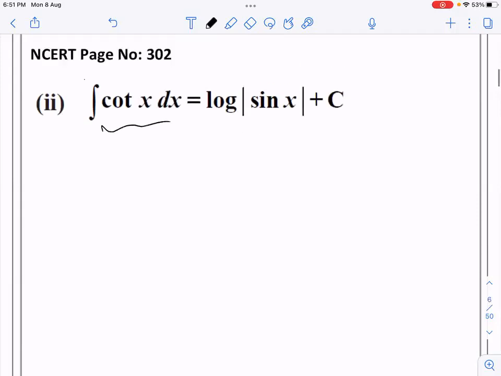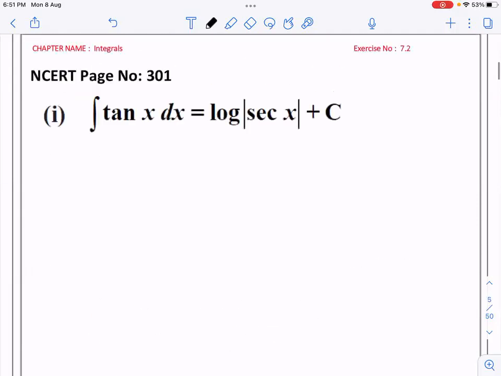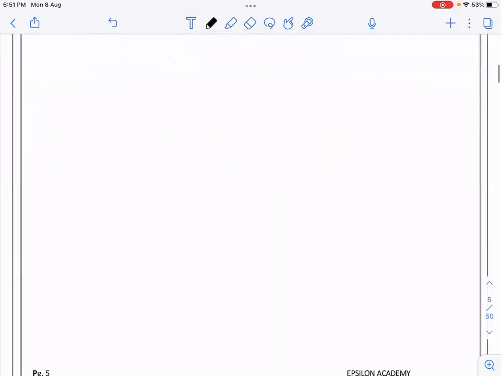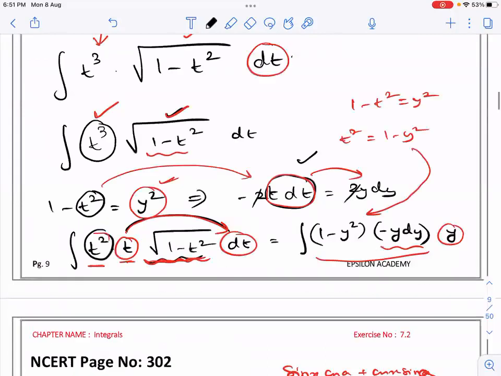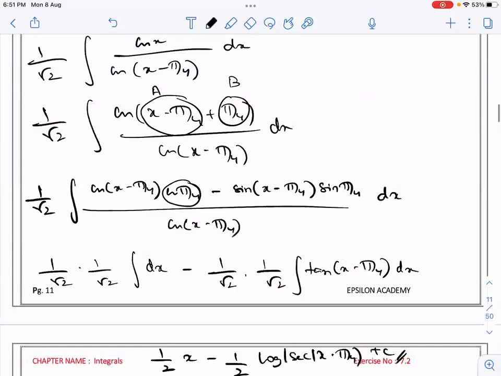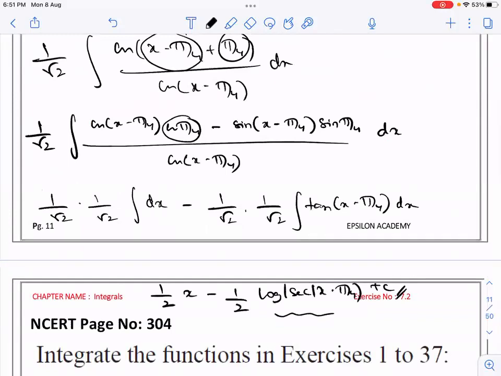Integral of cot x is log of sin x. Integral of tan x is log of secant x. I hope everyone is clear with this problem, right? So is this answer matching with the one given in the textbook? x by 2 minus log of secant of x minus pi by 2, divided by 2. Is it matching?